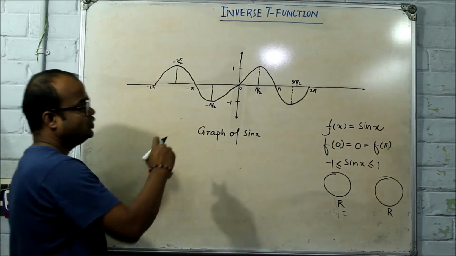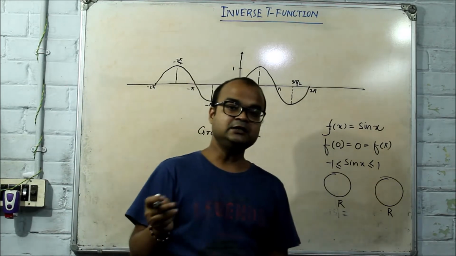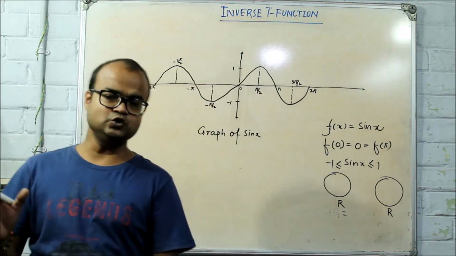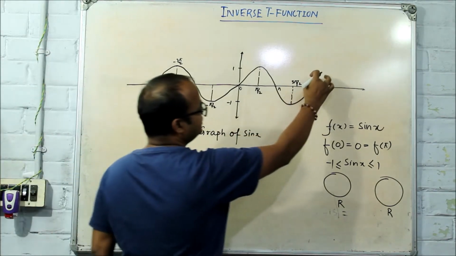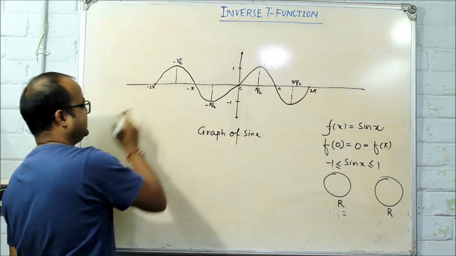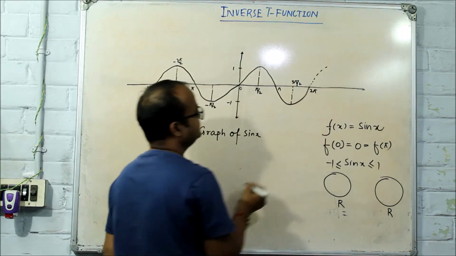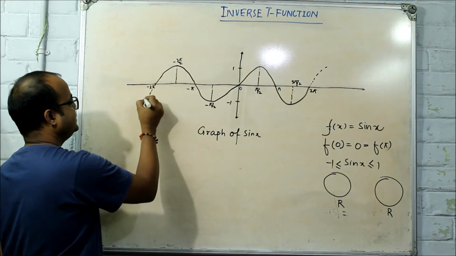That means if you rotate the angle in the anti-clockwise and clockwise sense from 0 to 2 pi, the graph will continue in the same pattern, like this one and here like this one.